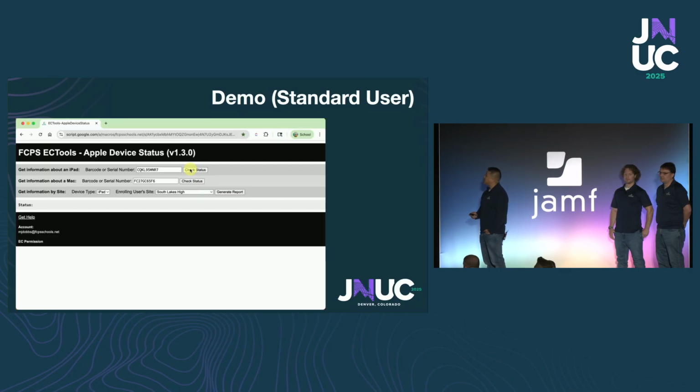So this is a demo of the tool that we created using the Jamf Pro APIs and Google Apps Scripts. Right now you can see that we're checking the device info of an iPad based on the serial number.